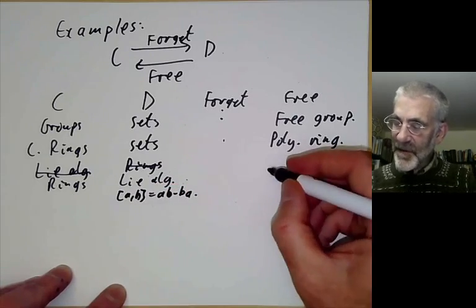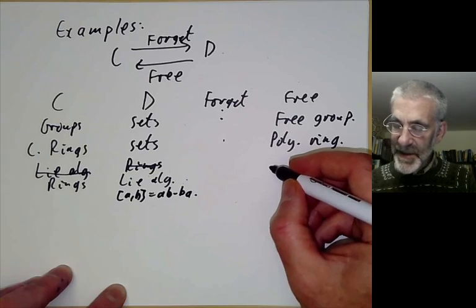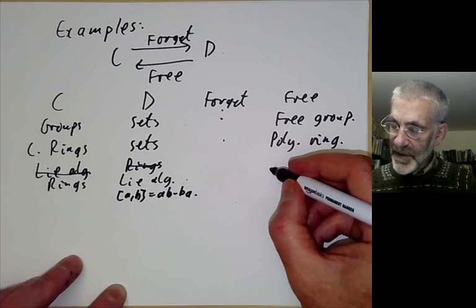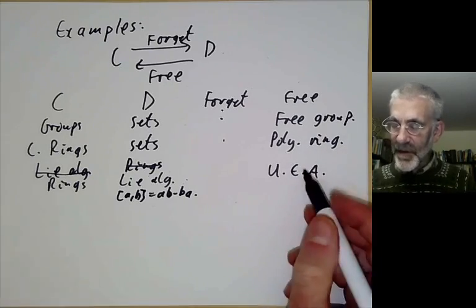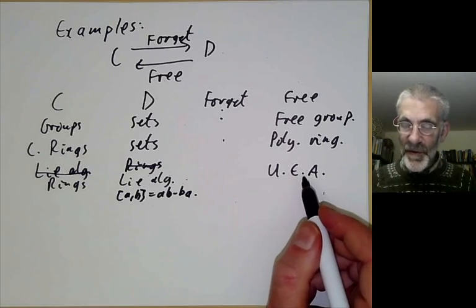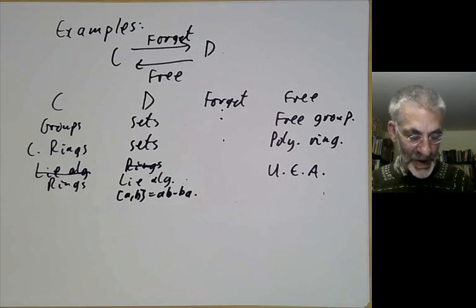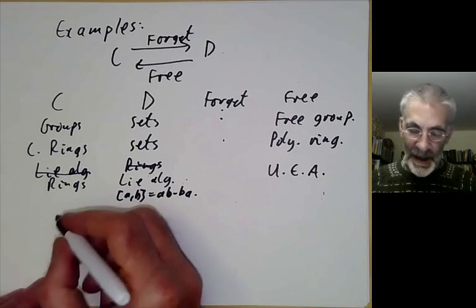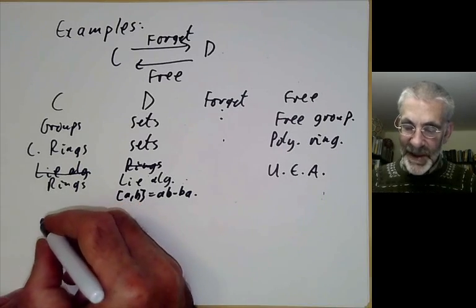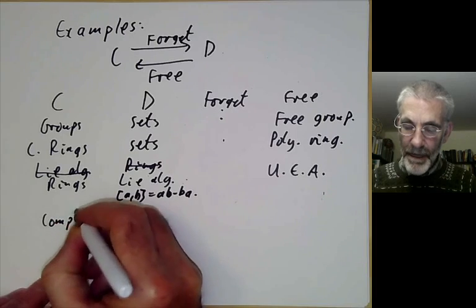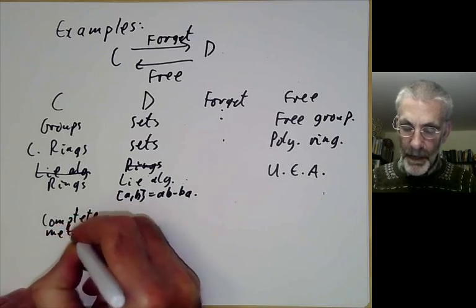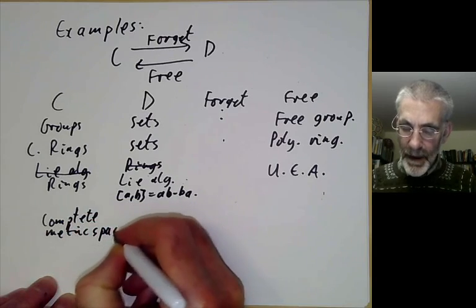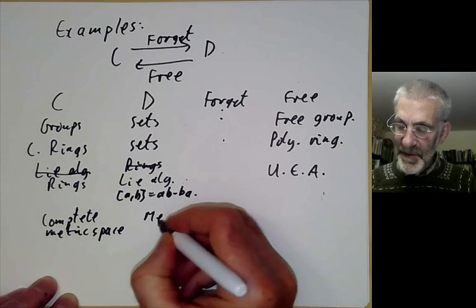And then the corresponding free functor just takes a Lie algebra to the universal enveloping algebra of the Lie algebra, which is a sort of universal ring generated by the Lie algebra. Slightly less obvious example, let's take C to be complete metric spaces, and let's take D to be metric spaces.